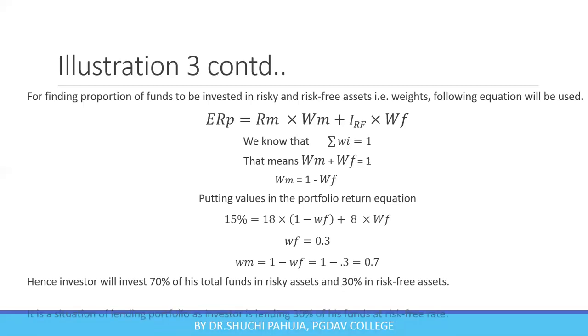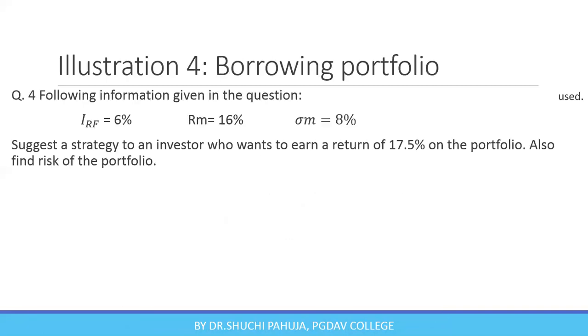We can do one question on a borrowing portfolio. Suppose this information is given to you: IRF 6%, RM, that means return on the market portfolio, is 16%, risk of the market portfolio is 8%. Suggest a strategy to an investor who wants to earn a return of 17.5% on the portfolio.